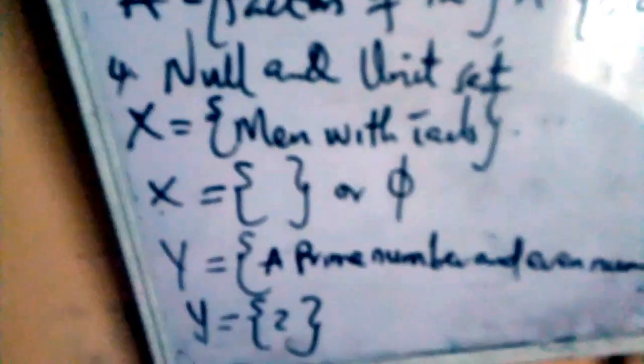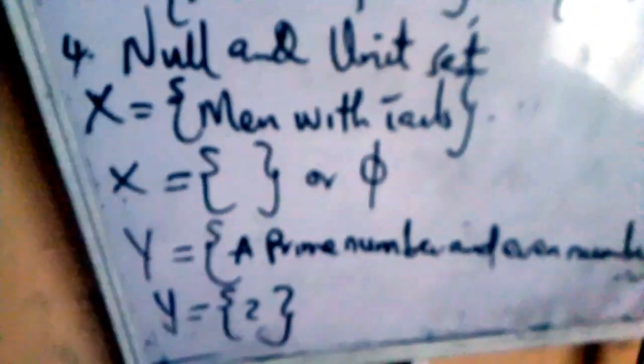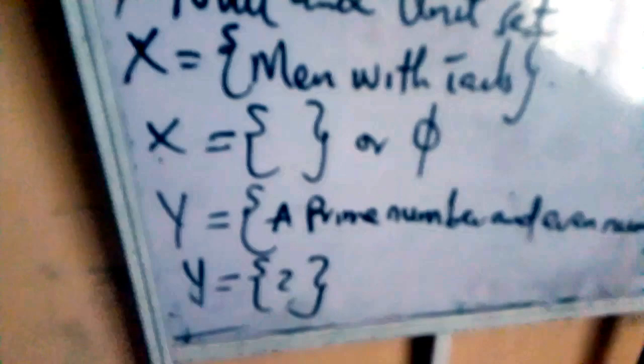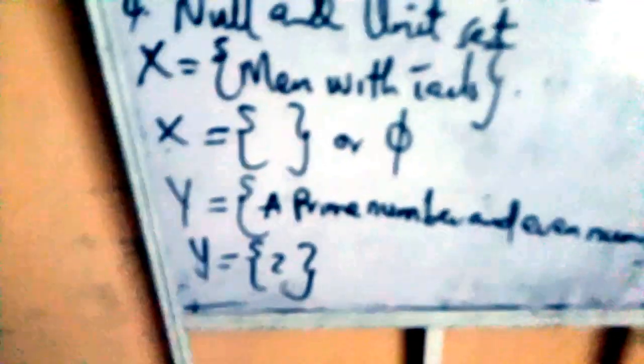A number that is a prime number and is also an even number, and that number is only one: 2. 2 is a prime number because it has 2 factors, and 2 is also an even number because it can be divided perfectly by 2.